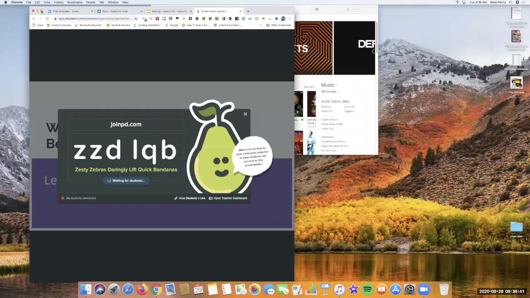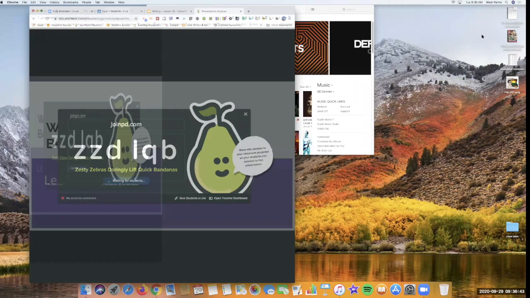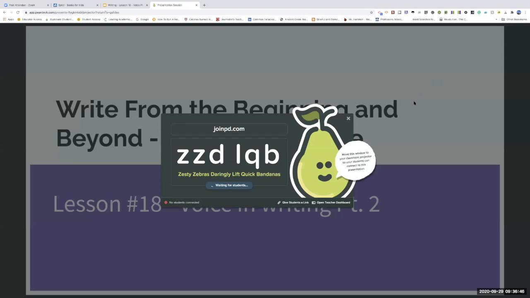All right, today's code, I'm going to go ahead and share my screen here. Today's code, right here: ZZDLQB. So go ahead and take about 60 seconds and log in for me, please.